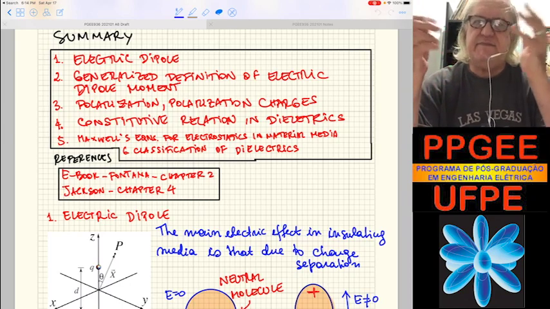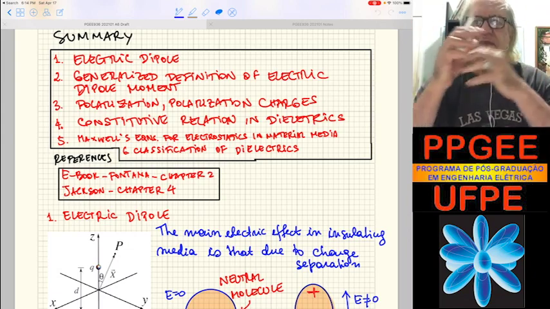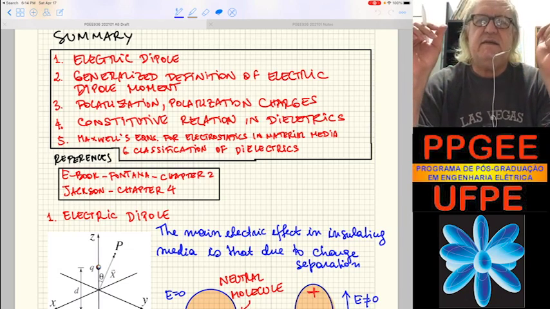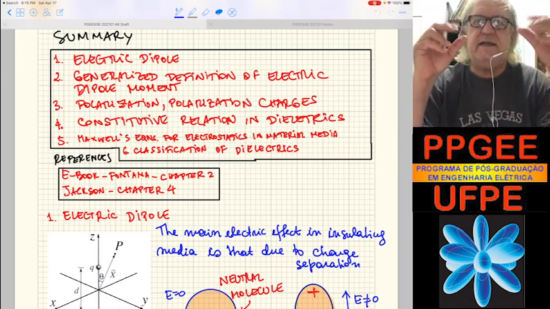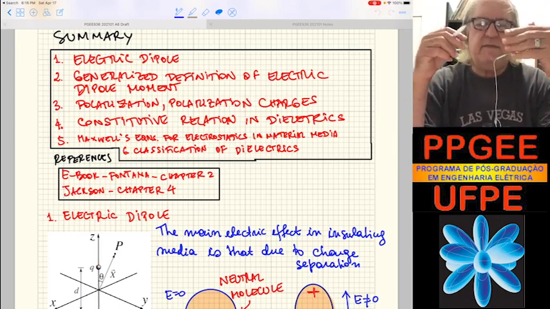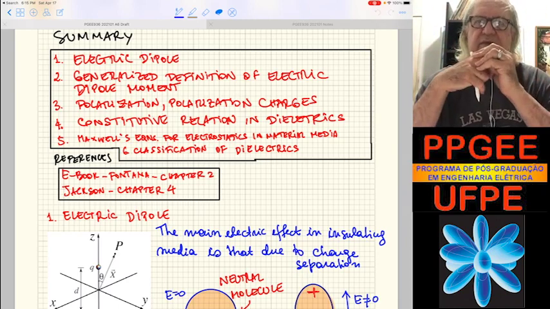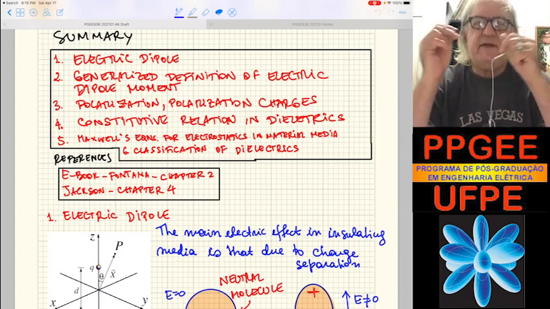Then you have some alteration in the total field, because that's different than applying a field in vacuum. You have a material, different atoms, you separate charges, then they in turn produce an electric effect, then you have to sum those effects.